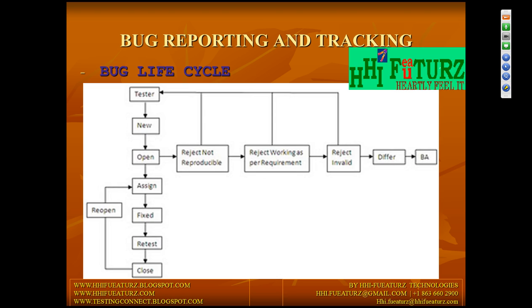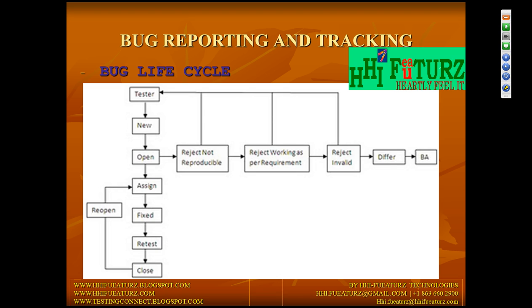As soon as you fill out all those details and click on the submit button, it will automatically send an email to all team members of your project. So whenever the developer receives an email, the status of that bug should be new.